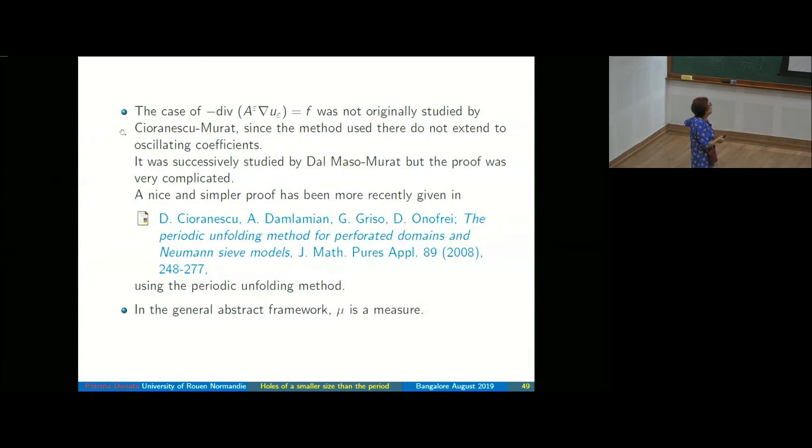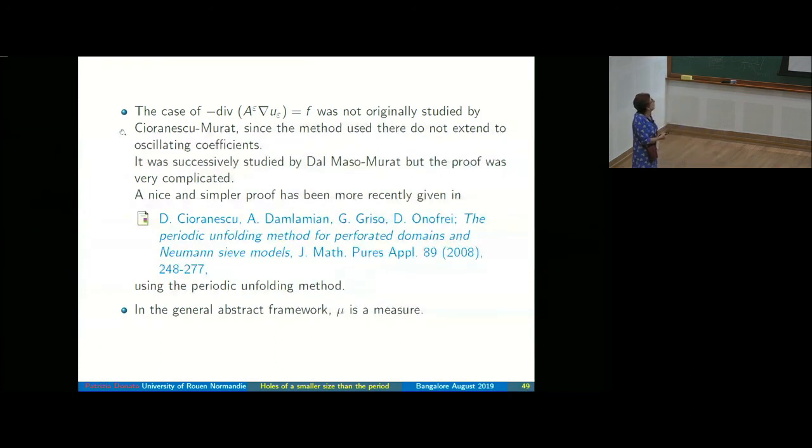And then Dal Maso and Murat did the proof, but in a very complicated case, nonlinear, with p instead of 2. And so all that was very complicated. Okay, now, by unfolding, Doina, Onofrei, Lendam, Lamian, Griso, and Daniel proved the result for this case using the periodic unfolding method.